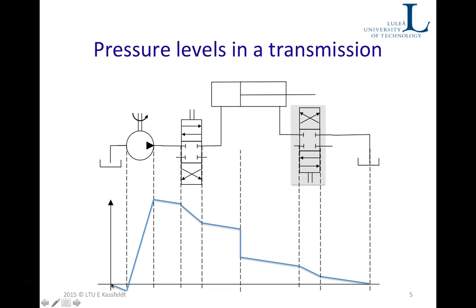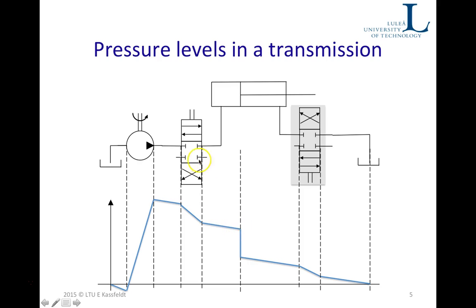We start from zero, we have a small drop, we have a pressure increase, a small drop as soon as we have another tube. We have a little drop also over this valve. This can also be dependent on the flow, but in principle we have a small drop there.